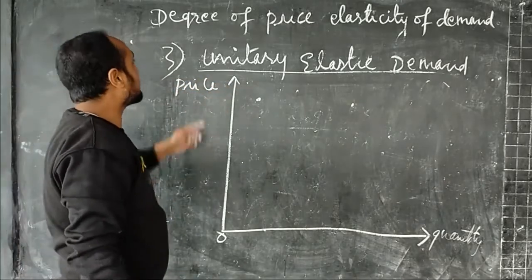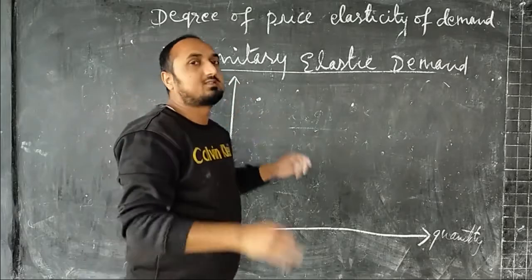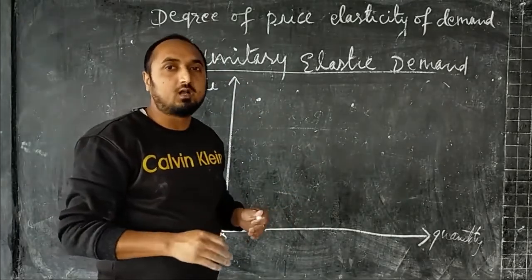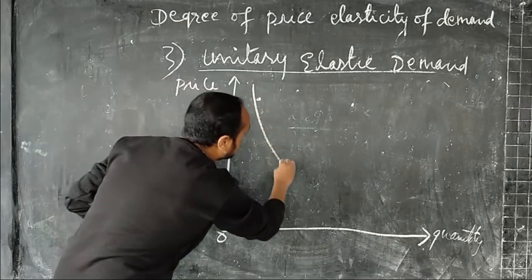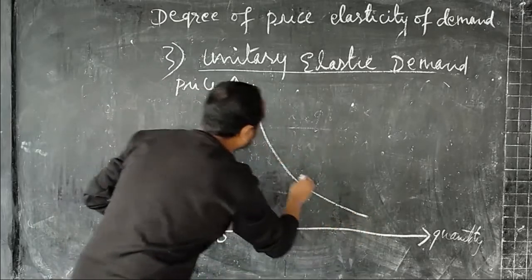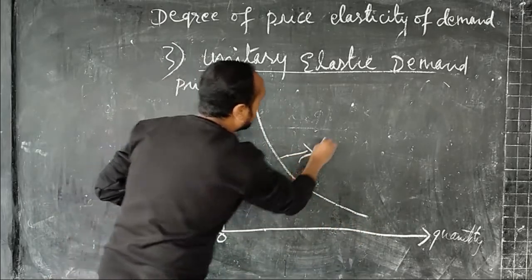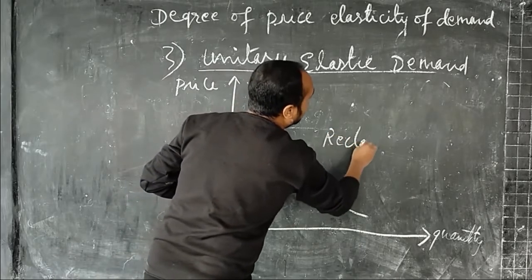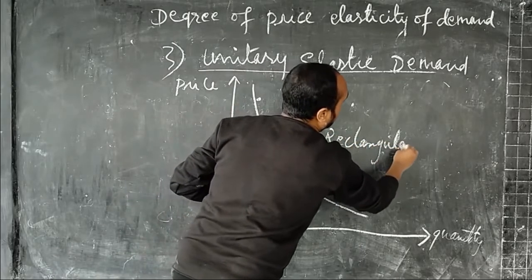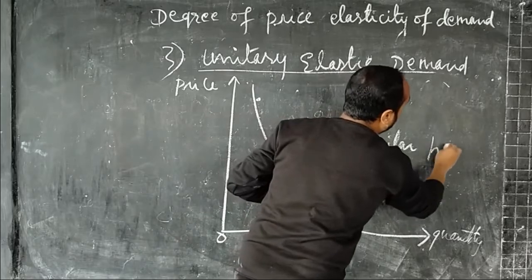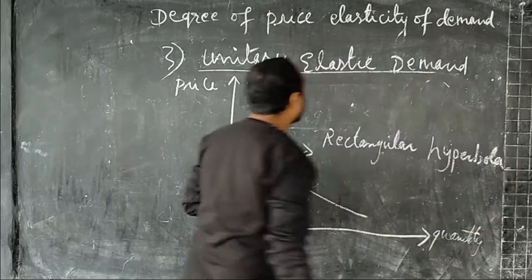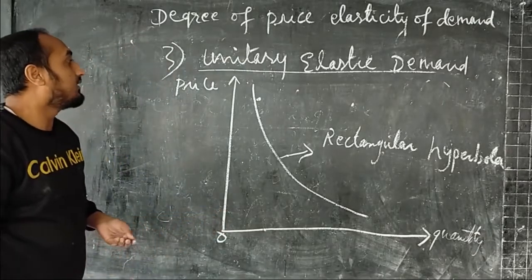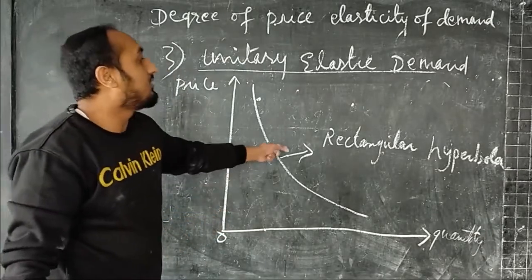So in the case of unitary elastic demand, the shape of demand curve is called rectangular hyperbola. So the curve may take the shape like this, and this curve is called rectangular hyperbola.